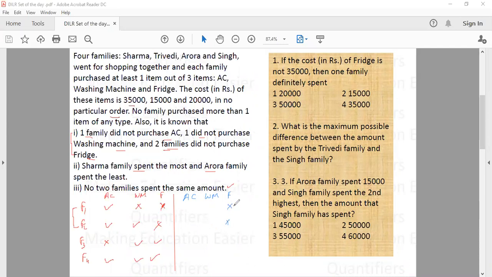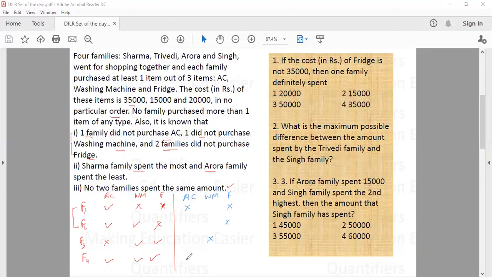And this family, family number 1, did not purchase AC as well, right? And F3 did not purchase AC in this case, sorry, washing machine in this case, right? Because one family who did not purchase a fridge must not have purchased AC or washing machine. If F1 is that family, F1 did not purchase a washing machine in the first case, and F1 is not purchasing AC in the second case.